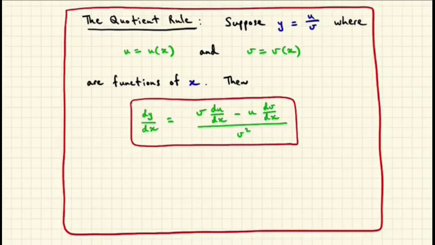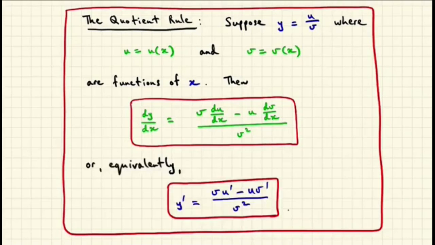And we can express this using Leibniz notation, the way you see it here. Equivalently, using function notation and a dash to denote the derivative, the quotient rule says y dash is v u dash minus u v dash all over v squared.